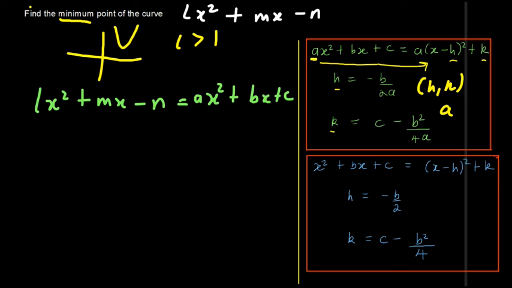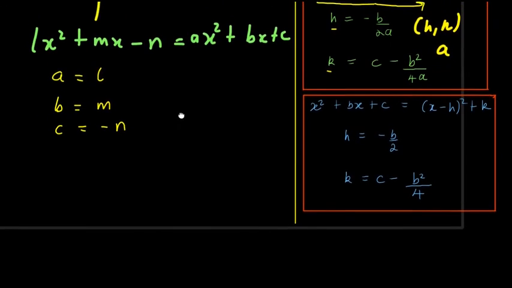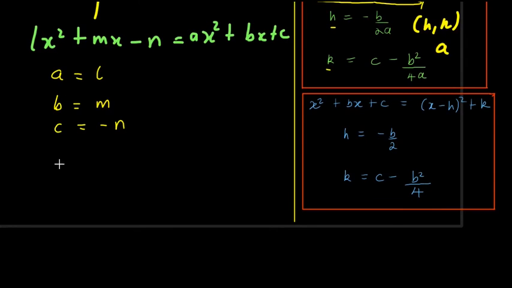So we already know that a is l, b is m, and c is minus n. Then we need to find the value of h. So h is minus b over 2a, which is minus m over l, with b being m and a being l.